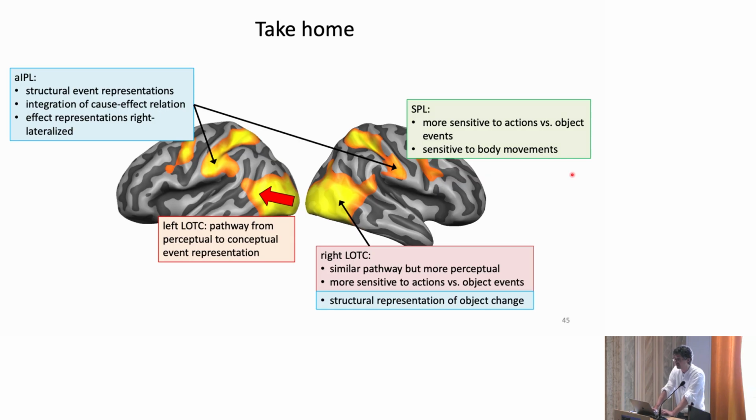So it seems that right LOTC is not only sensitive to the dynamics of body-related stimuli, but also to the dynamics of objects in general. By contrast, how objects or entities in general interact with each other draws more on left lateralized regions, in particular in the left LOTC.